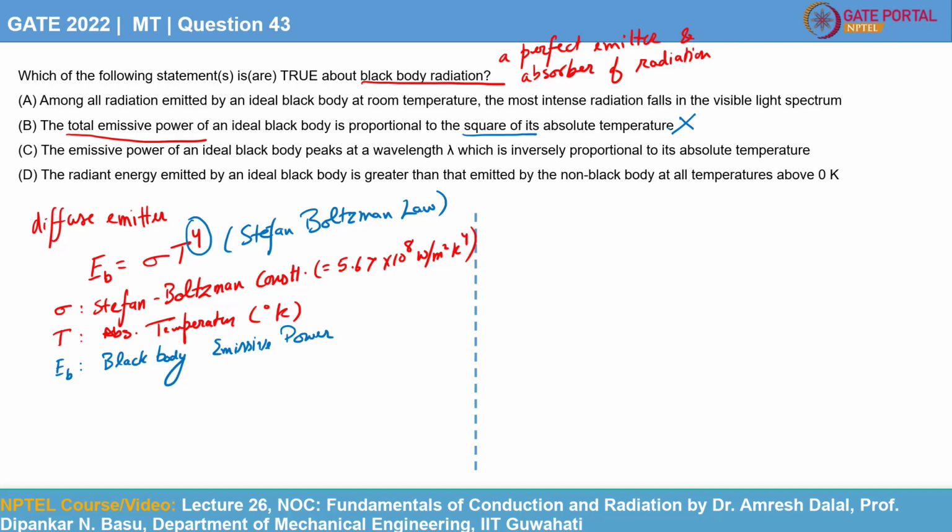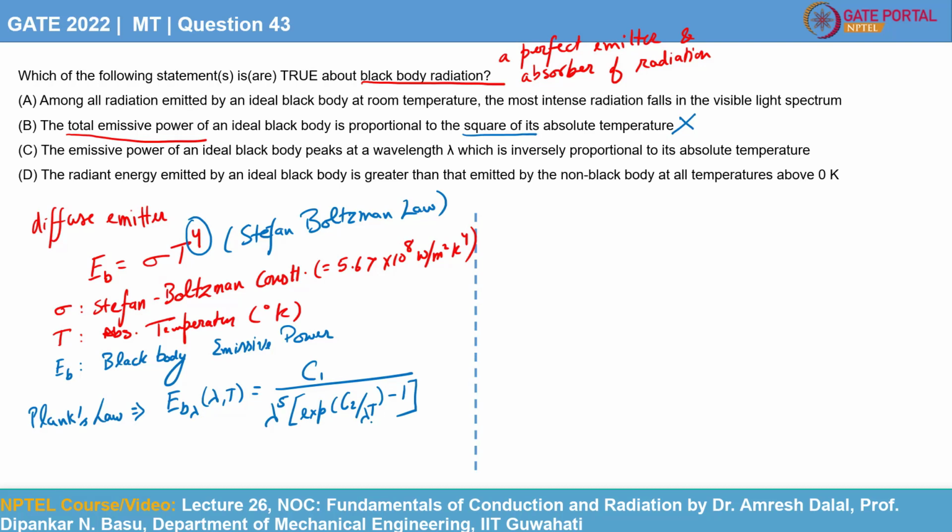The relation for spectral black body emissive power was developed by Max Planck with his famous quantum theory. Planck's law states that the black body emissive power is a function of temperature as well as the wavelength of the radiation, where T is the absolute temperature of the surface and lambda is the wavelength of radiation emitted.